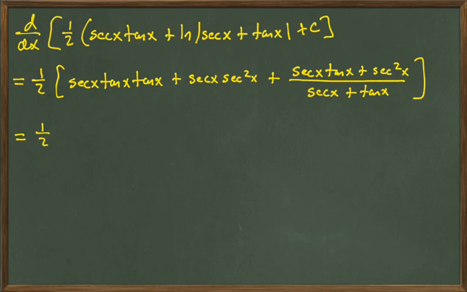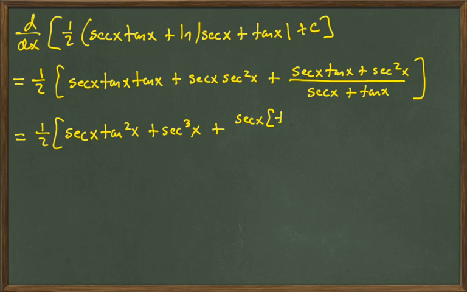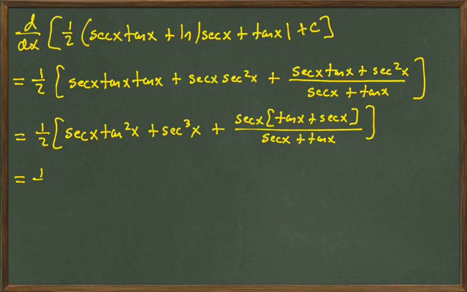All right, so you got 1/2 secant x tangent squared x plus secant cubed x plus, factor a secant out, and then we have tangent x plus secant x all over secant x plus tangent x. So those are the same factors, so those are going to cancel out. So you got 1/2, and we're going to factor out a secant out of the first term and the third term.